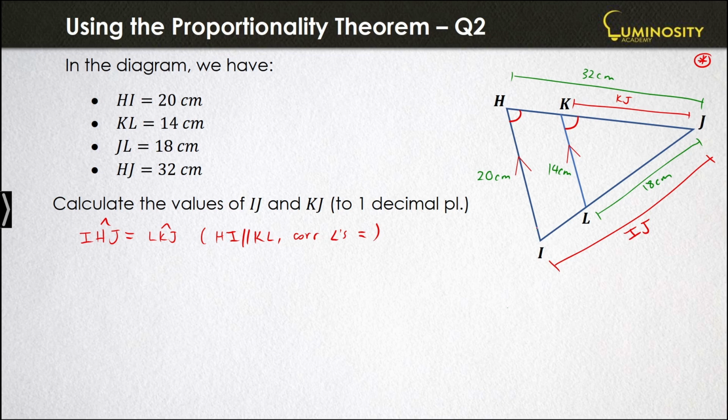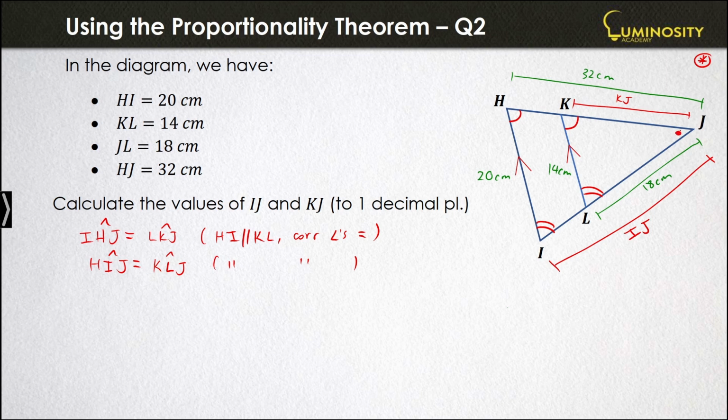Okay, similarly, these two angles will be equal for exactly the same reason. So I can say that angle HIJ is equal to angle KLJ. Okay, and exactly the same reasoning. And then this common angle J is equal to itself.